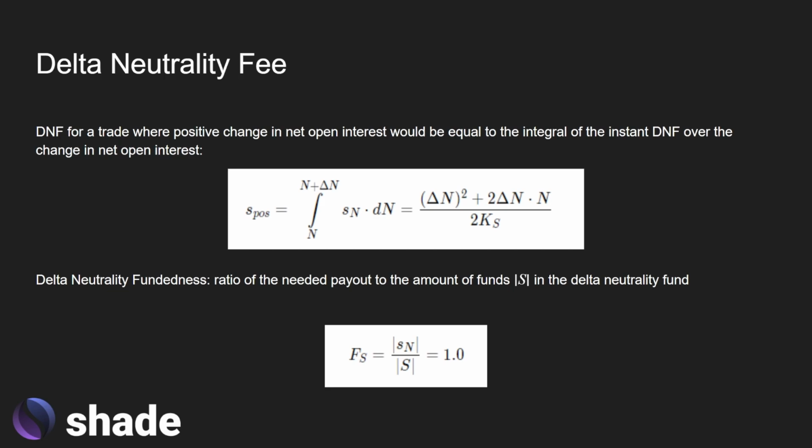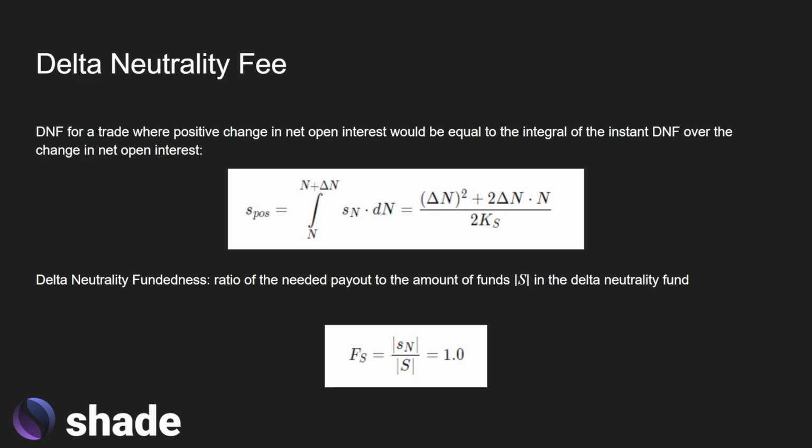The total delta neutrality fee for a change in position would be equal to the change in net notional open interest times the delta neutrality fee for a given net notional open interest.